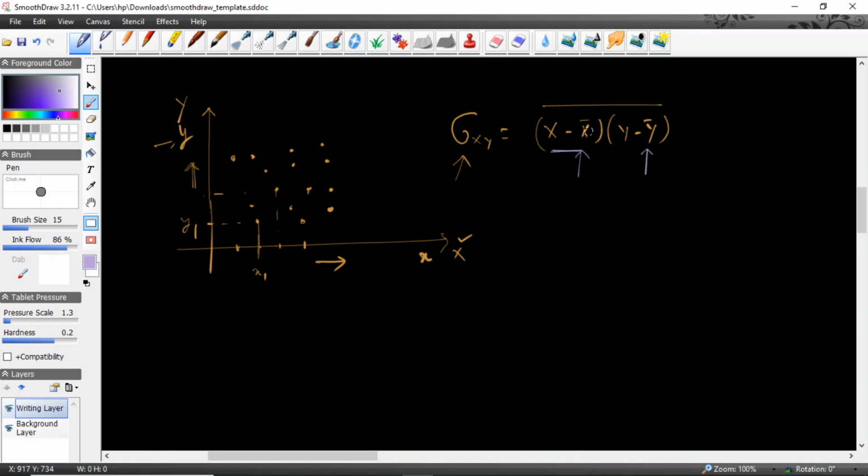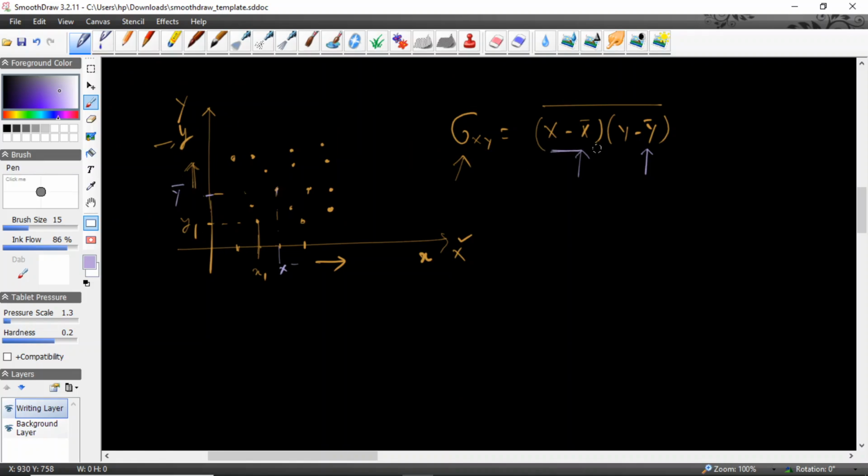When you subtract the mean from the random variable x, of course you will have a zero mean random variable, and similarly when you subtract the mean of y from the values of y, you will get a zero mean random variable. Suppose this is the mean x bar, and this is the mean y bar.